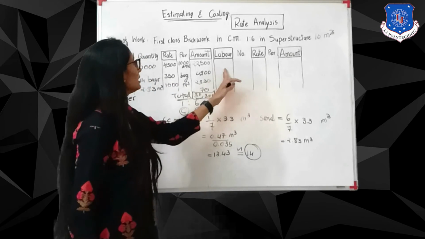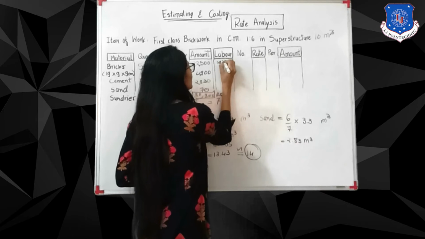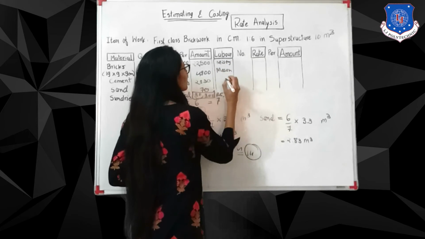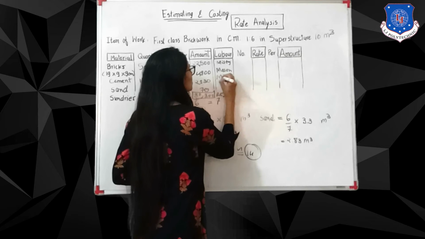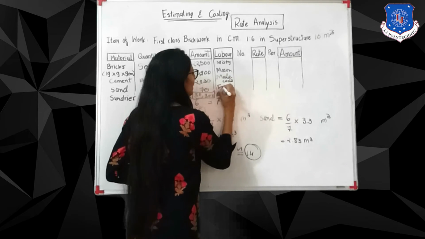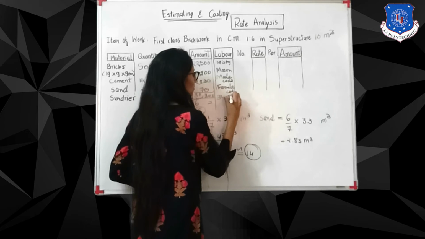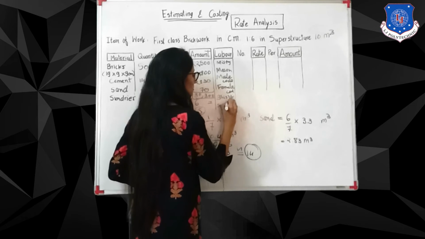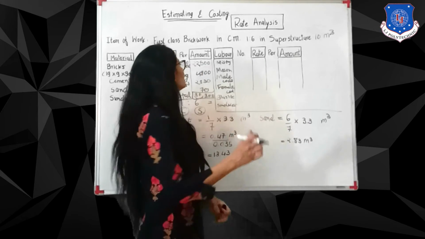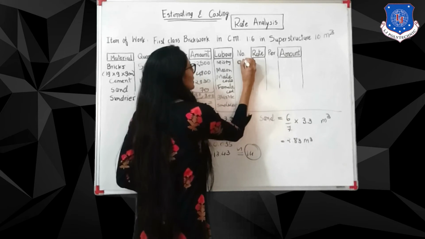Now moving ahead to the labors. First will be Mistri, the main mason, the mason, male coolie, female coolie, Bhisti, and sundries. Now we're going to calculate the number of labors. First we require Mistri of 0.5, which is the half day.